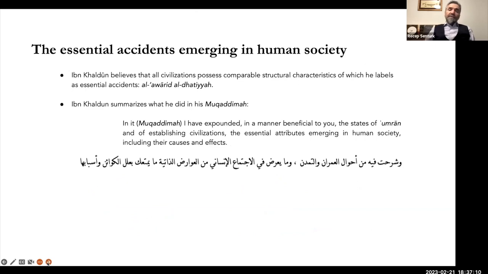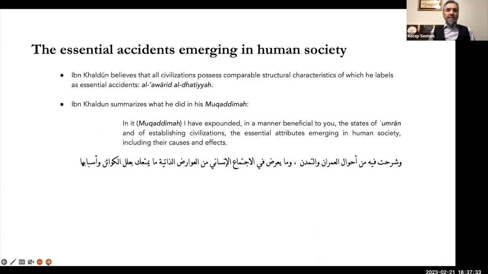So essential accidents emerge in human society. As I said, they cannot exist by themselves. They need society to exist. Ibn Khaldun believes that all civilizations possess comparable structural characteristics which he labels as essential accidents, al-awarid al-zatiyya.